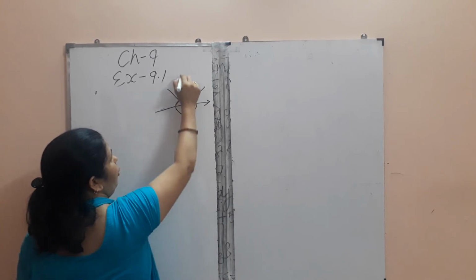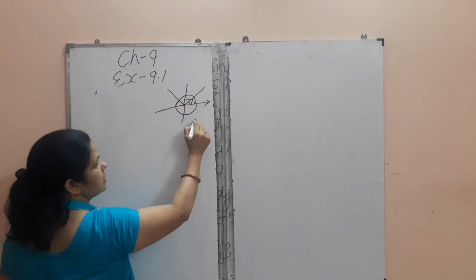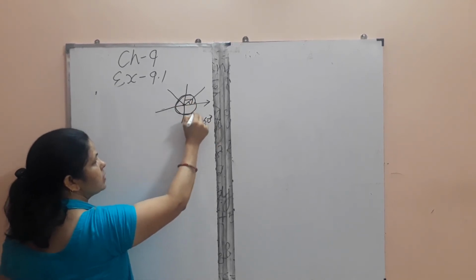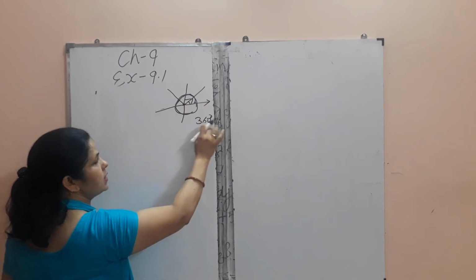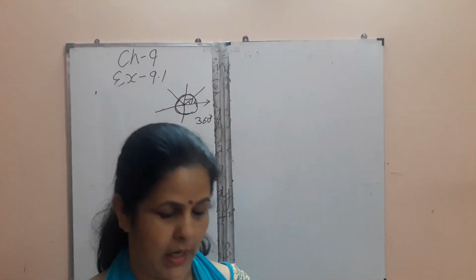So the sum of all these angles, 180 plus 180, is 360 degree. So angles around a point add up to 360 degrees. This concept we will use in 18th question part 1.